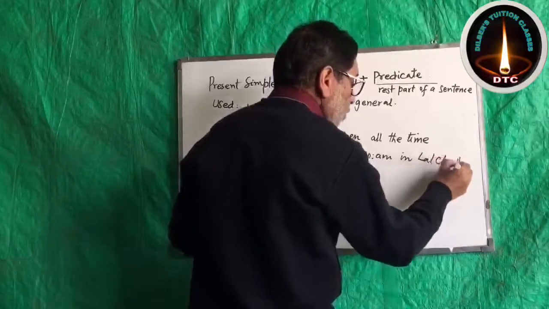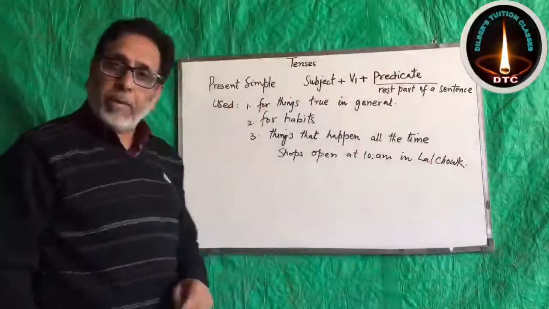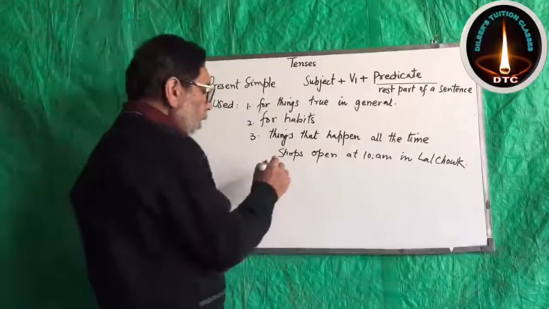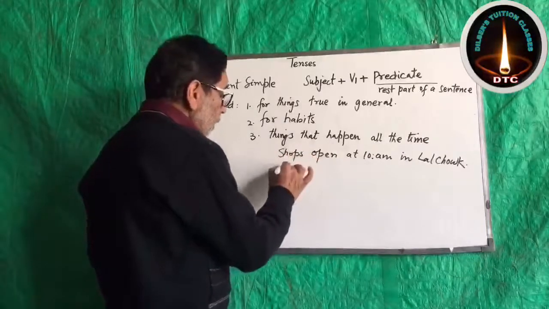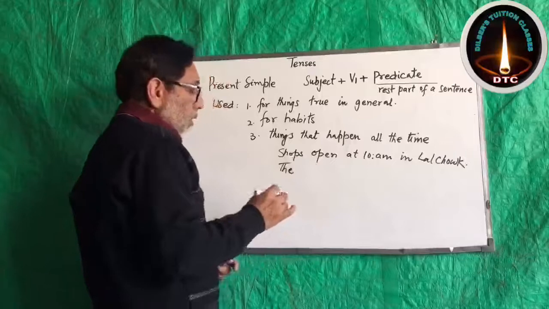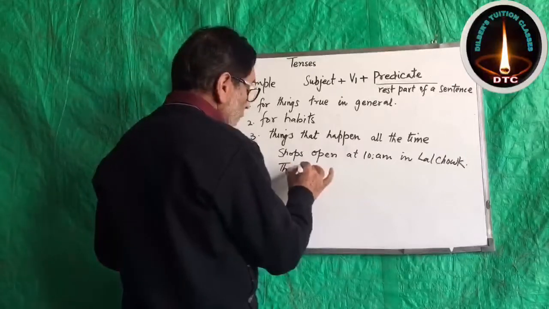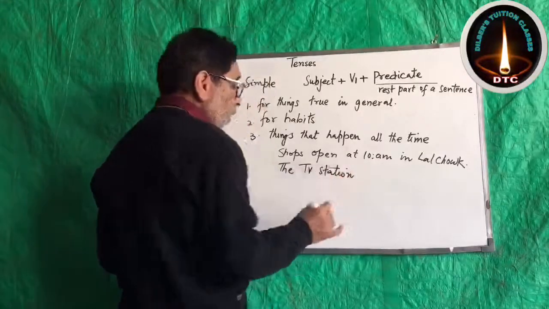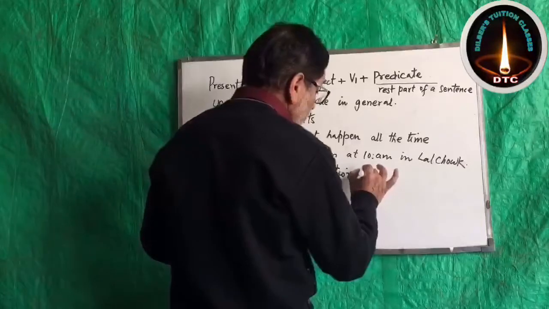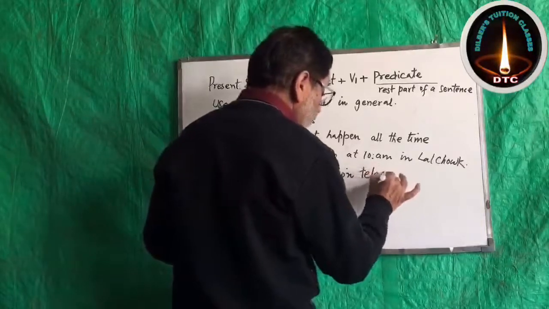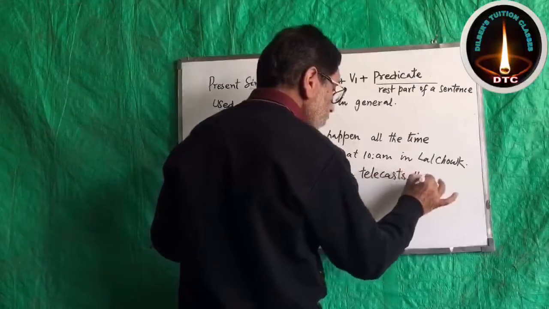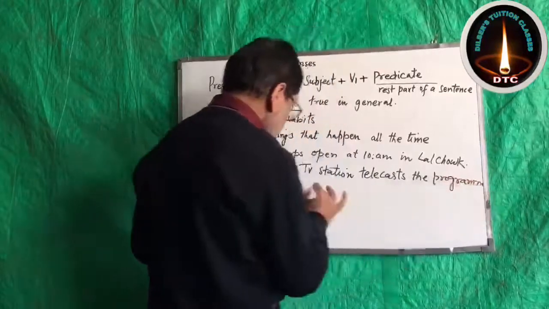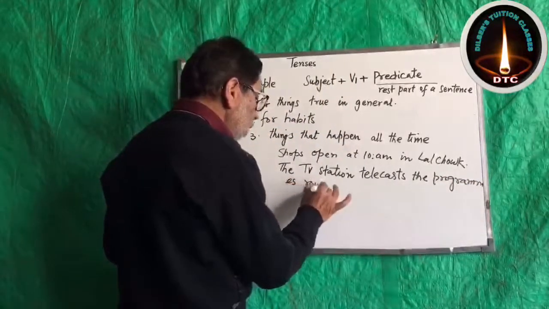In Lal Chowk. So this happens all the time. Shops open at 10 a.m. in Lal Chowk. Okay. If I also say the TV station telecasts the programs round the clock.